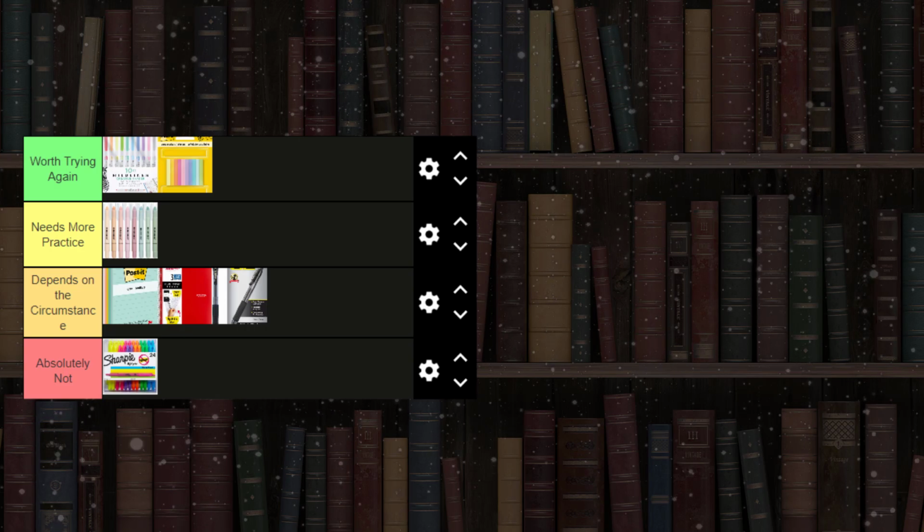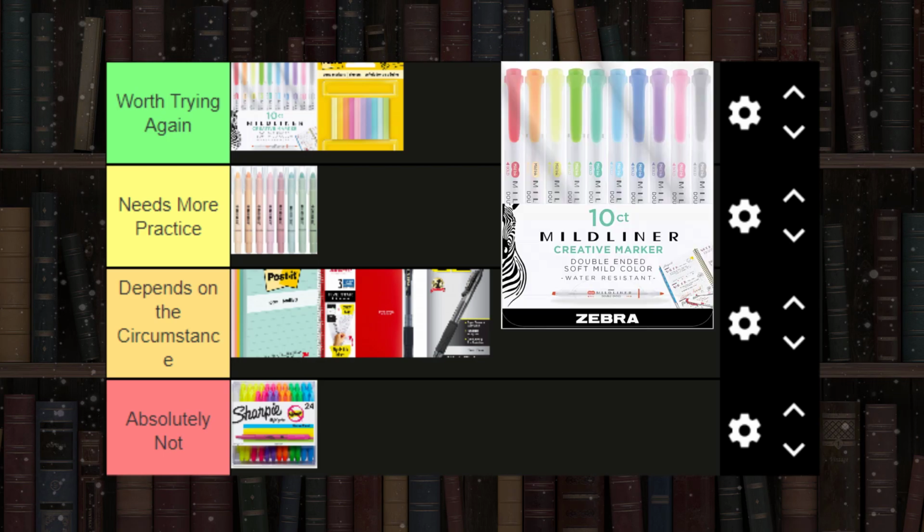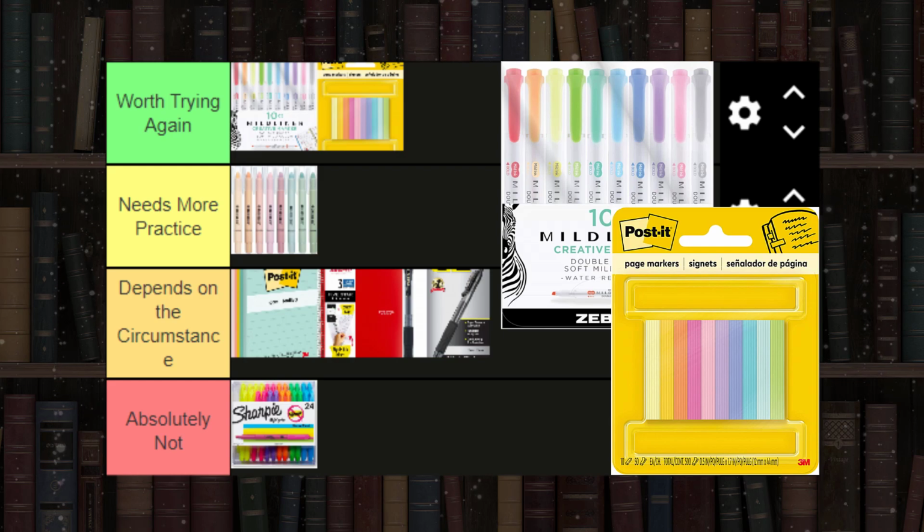But all in all, in conclusion, I think if I were to continue to use highlighters, I would certainly use the lighter colored Mildliner highlighters. And if I were to use post-its, I would use the post-it tabs. I probably wouldn't write on those because there isn't a lot of space, but based on my memory, I don't really need to have that much space to write.